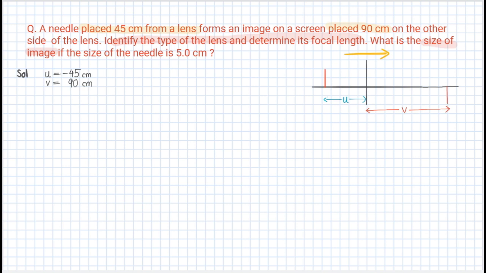Now you know the object distance, and you know the image distance. I can use the thin lens formula to determine the focal length.